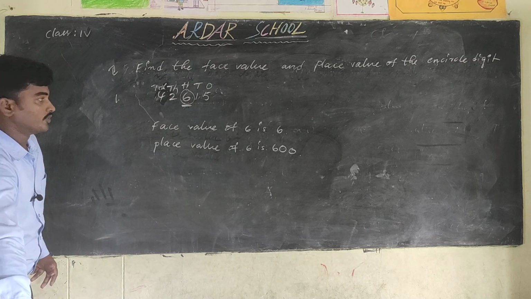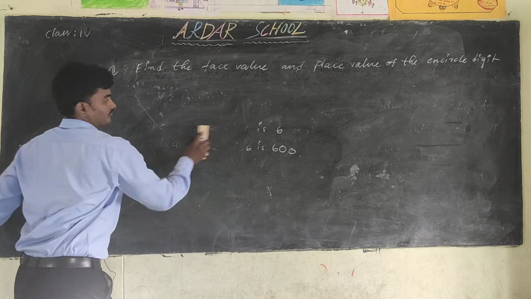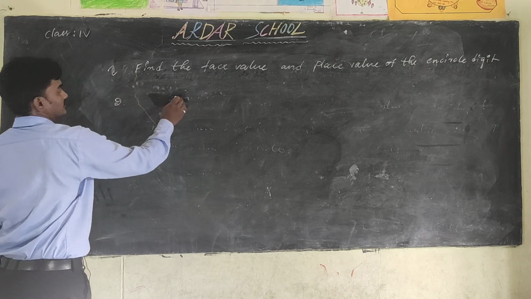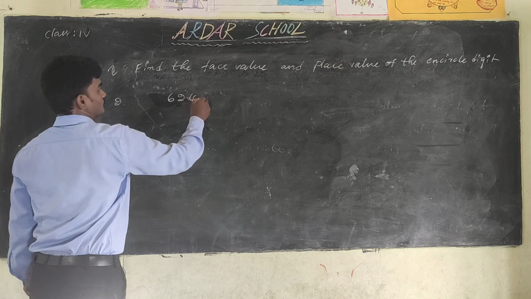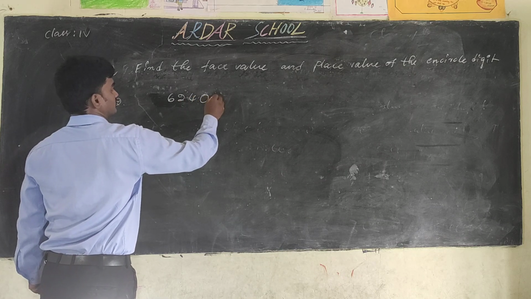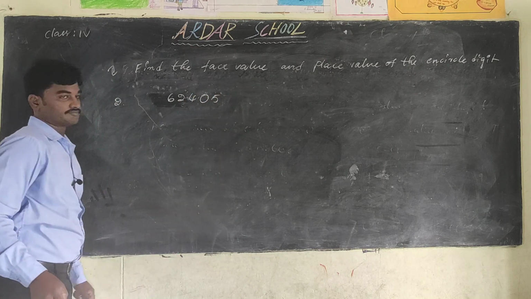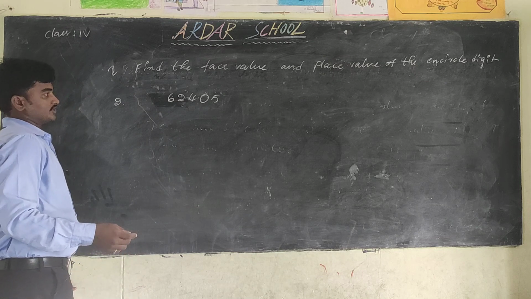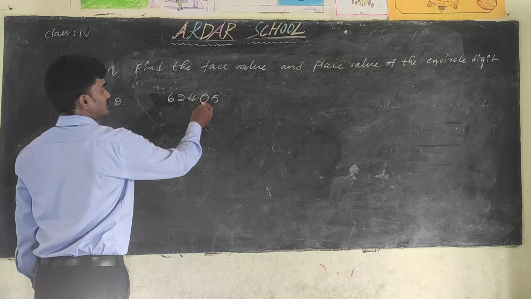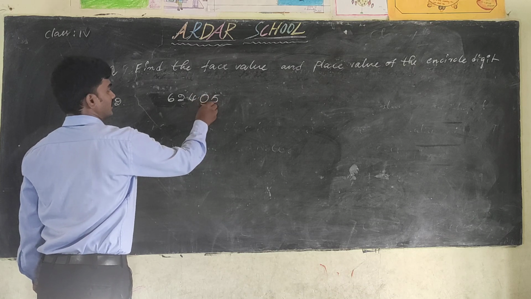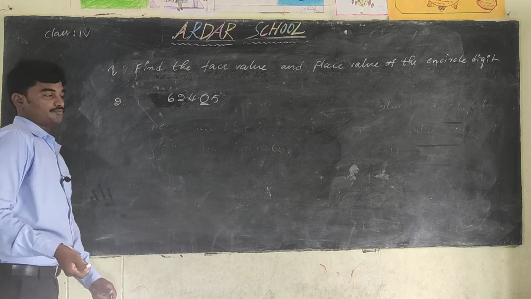So one more example. Second example is 62,405. So here I underline 0.